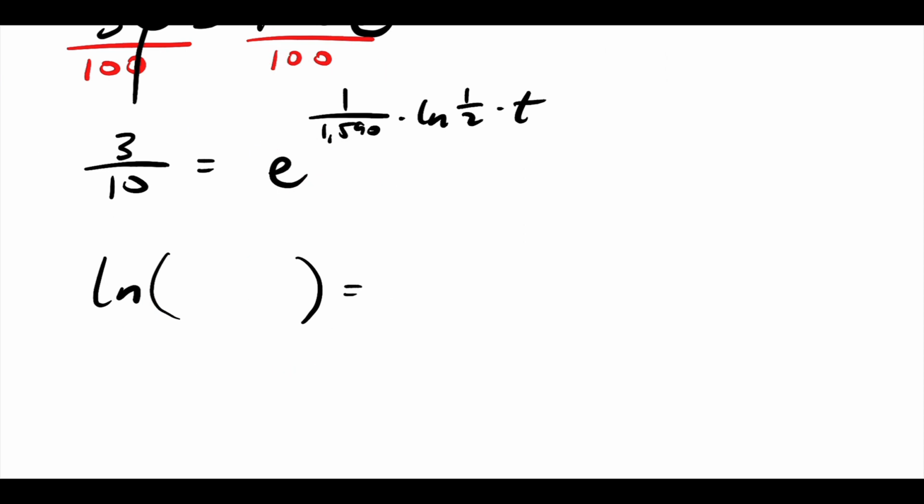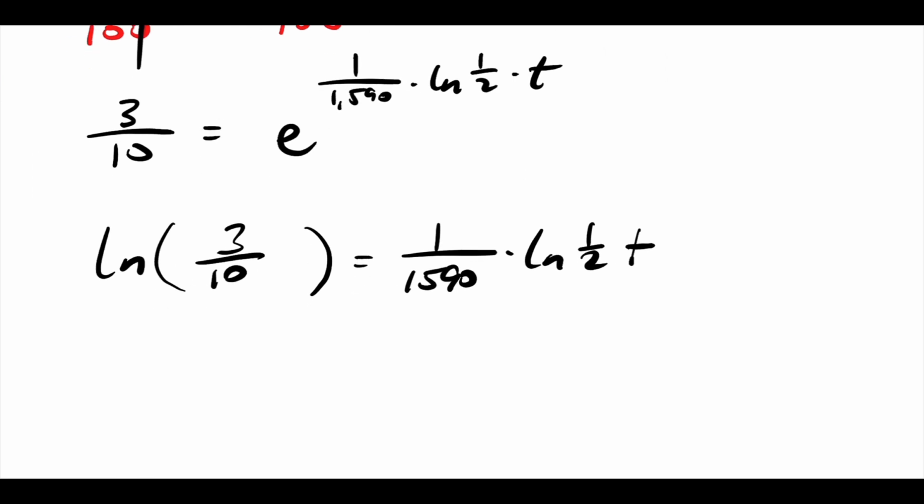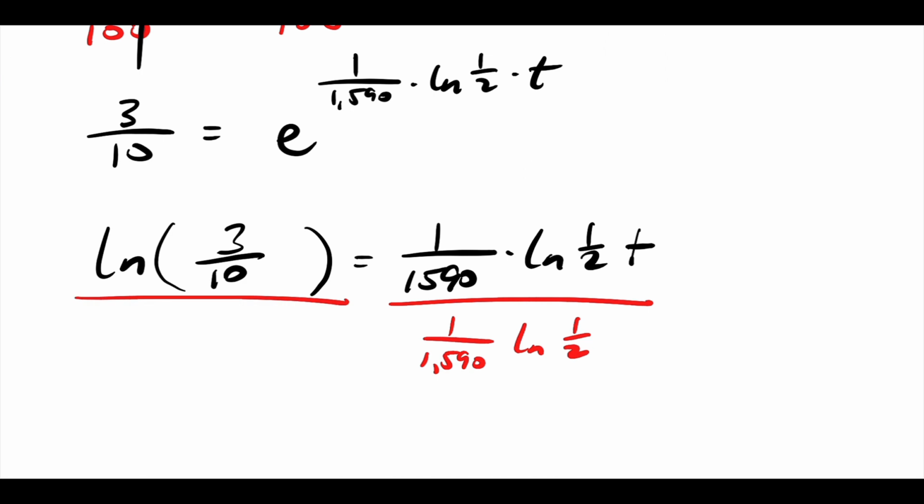So 3/10 is going to go here. And then this stuff here is going to be moved down. Okay. Solve for T. Well, I've got T on the ground now. So now I can divide by everything I don't want. Because it's all multiplication.